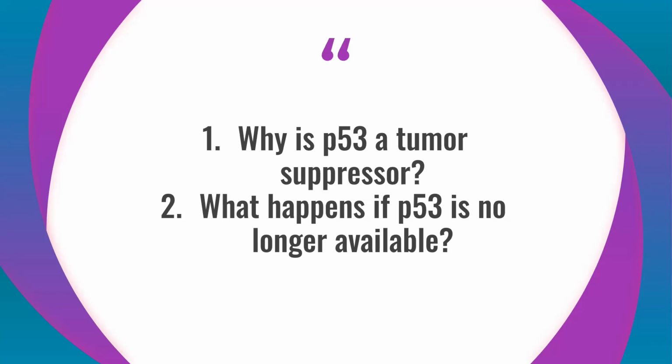So if you have overproliferative cells that should not be going through the cell cycle, and P53 is activated and leads to transcription of P21, the cell cycle will halt, stopping those overproliferative cells. And if P53 is no longer available, we lose that regulatory mechanism, and the cell is free to continue dividing even if there is DNA damage, which would be very negative for the cell.